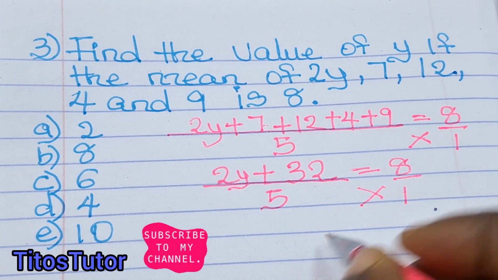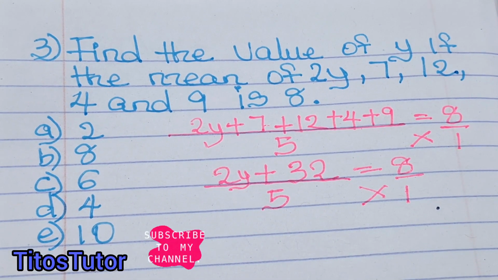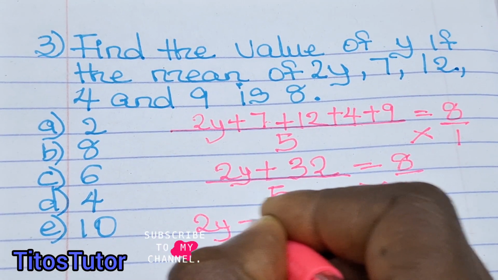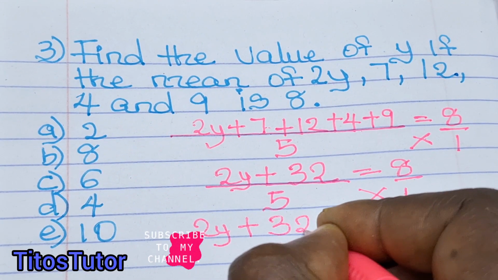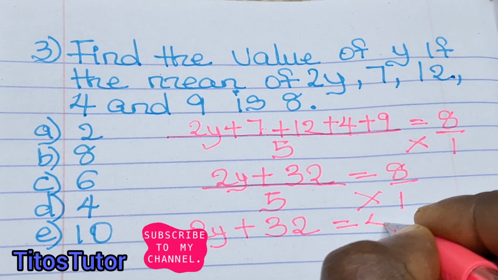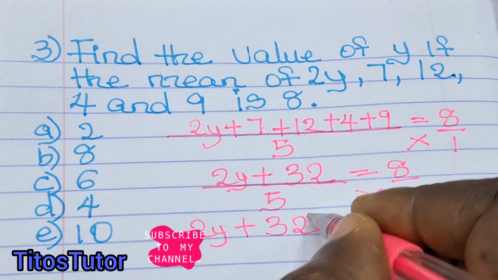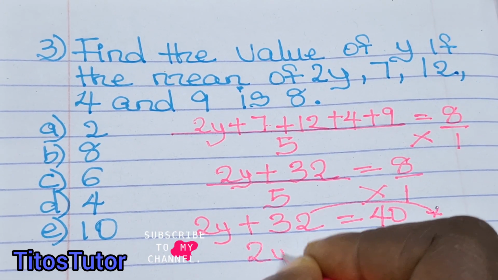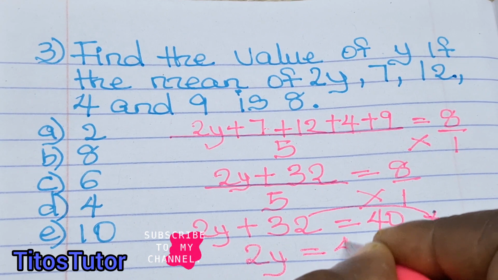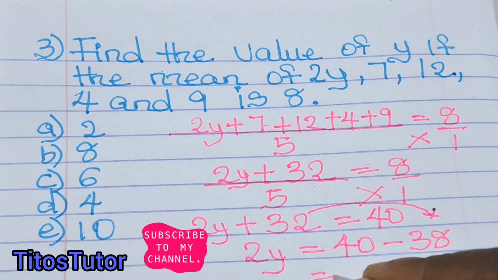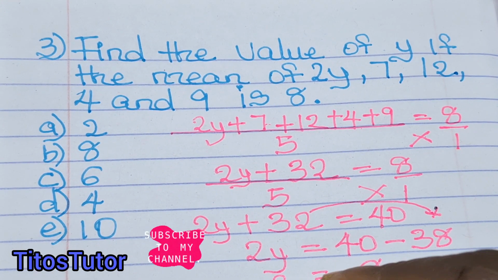I cross multiply. 2y plus 32 multiplied by 1 is still 2y plus 32, is equal to 5 times 8, which is 40. So I bring this 32 to the other side. It becomes 2y is equal to 40 minus 32. 40 minus 32 is 8. 2y is 8.